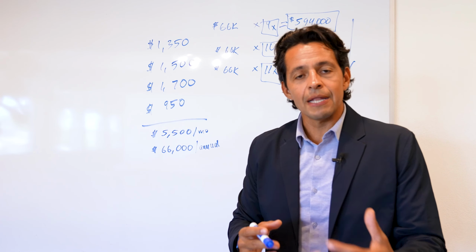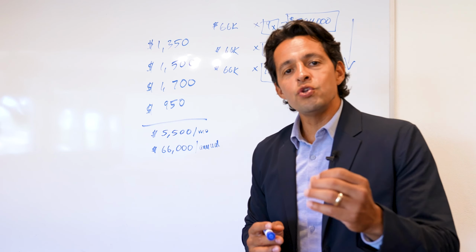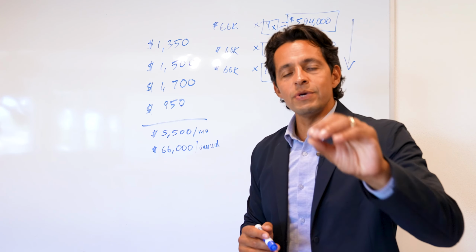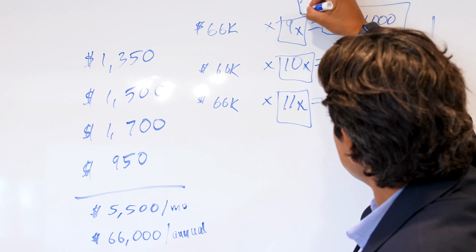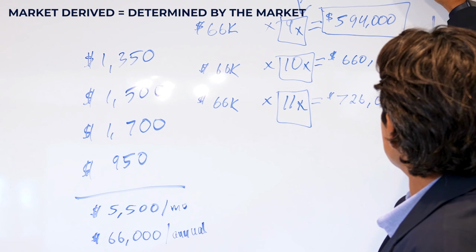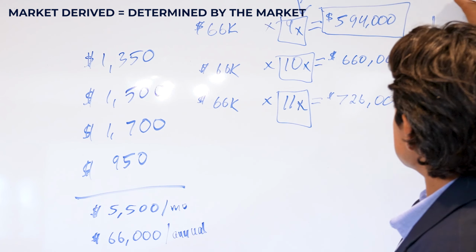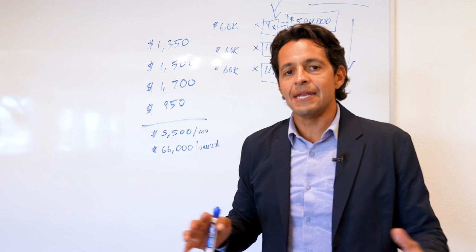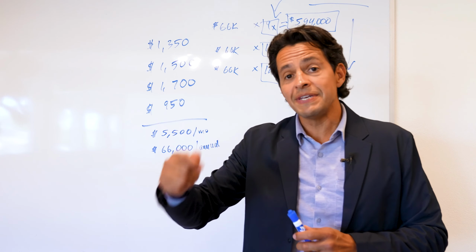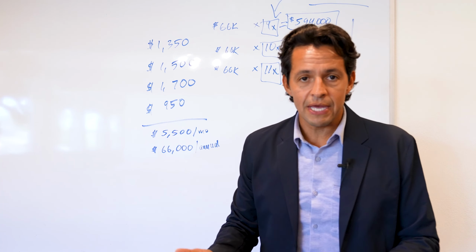So typically, a lot of people will say, Juan, when do you buy something? When is it that you get excited about a property? I'm going to show you right now. This number here, market derived. I can't make this up. I cannot make up the multiplier in any neighborhood. Why? Because there's enough data behind it to know what that is.